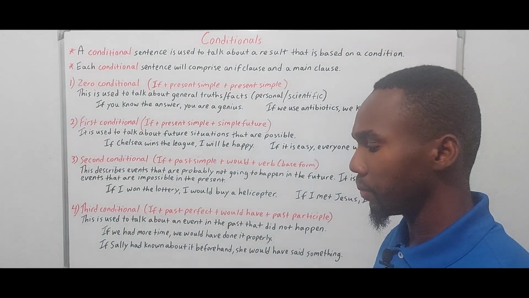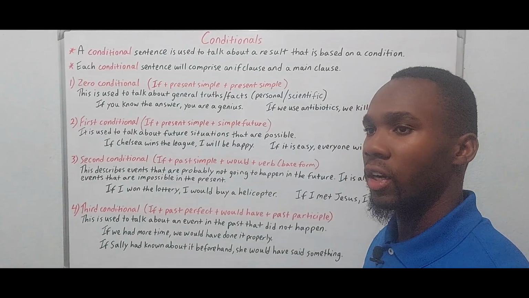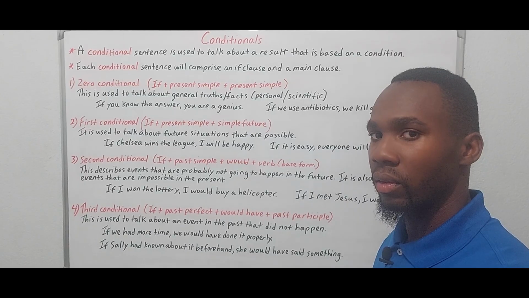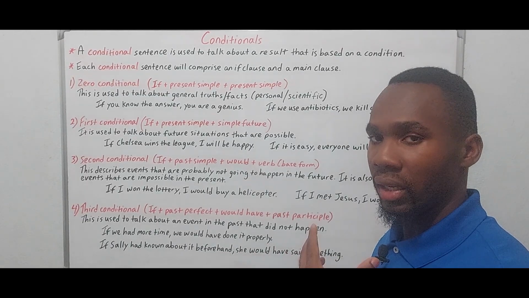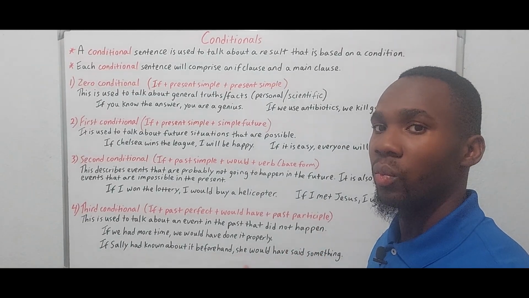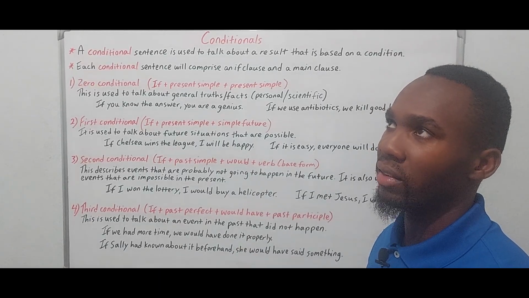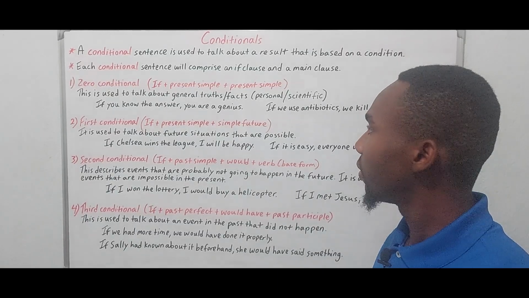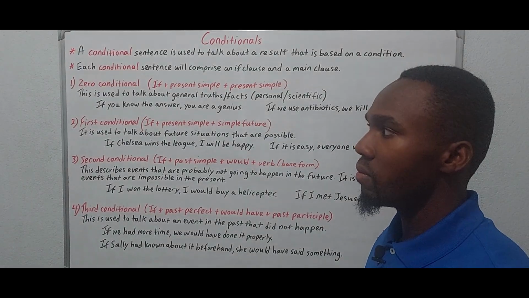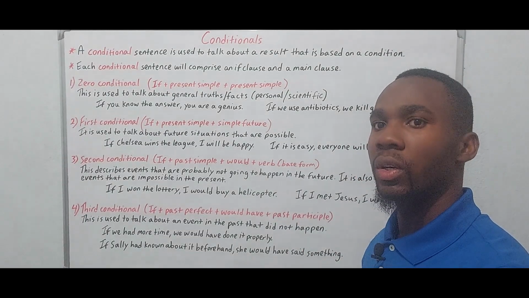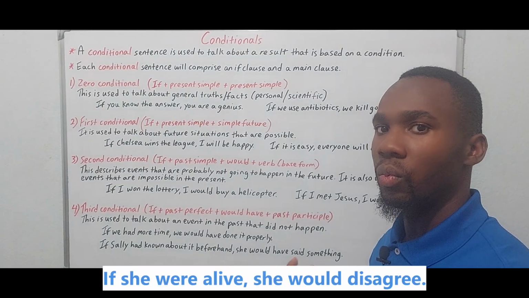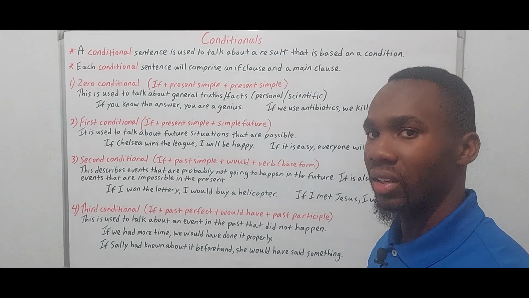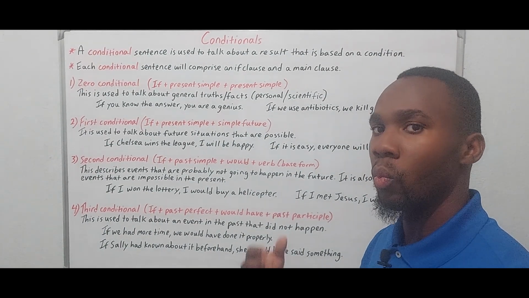For example, if I were you, I would listen to my father, okay? Most persons would say if I was you. Well, that's a bad example. Let's use another subject. If she were alive, she would disagree. Most persons would say if she was alive, she would disagree, but no, if she were alive.